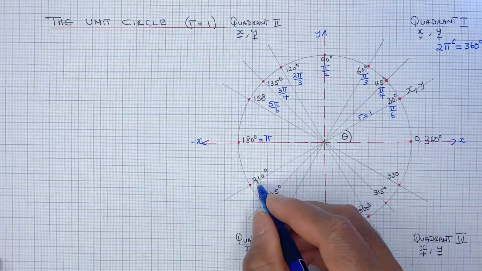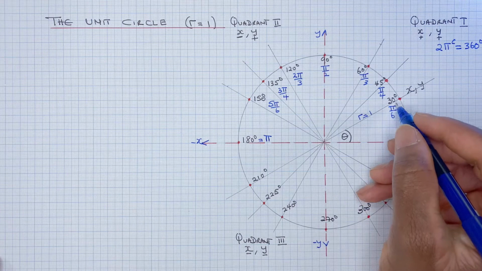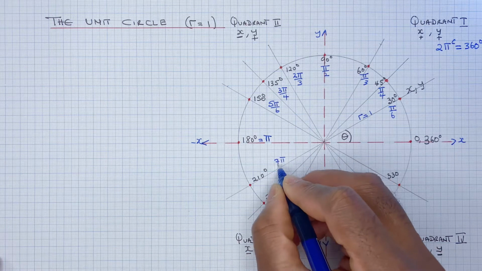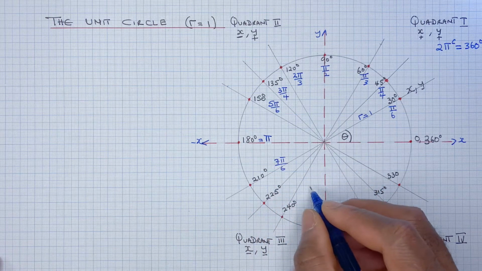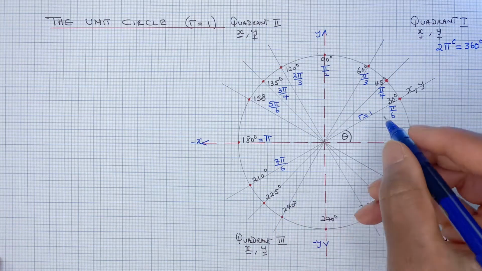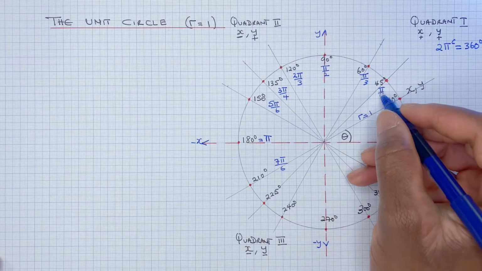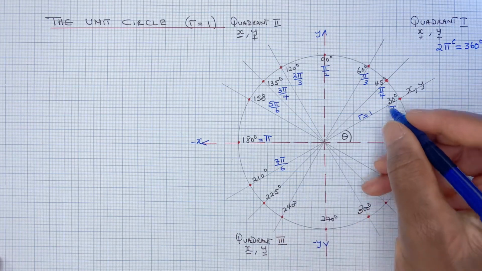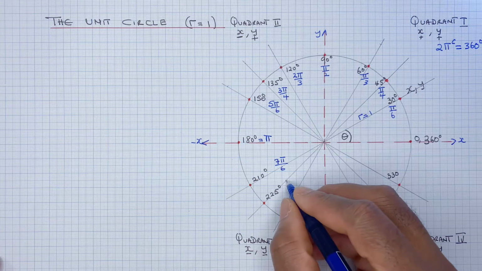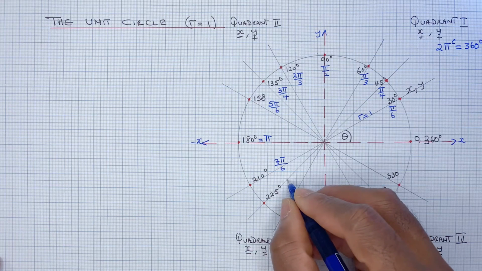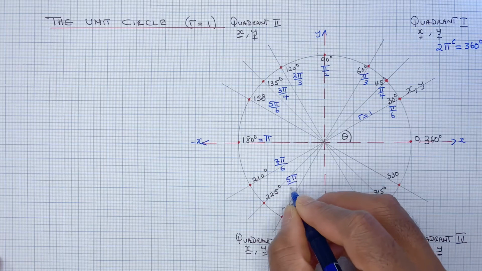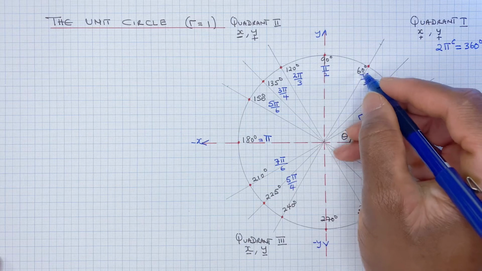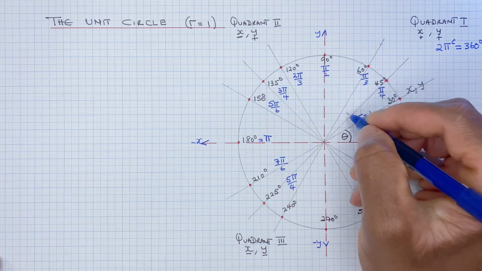Now, 210, if 30 is pi over 6, times it by 7, you get 7 pi over 6. 225, well, times 45 by 5, sorry, you get 225. So you get 5 pi over 4.